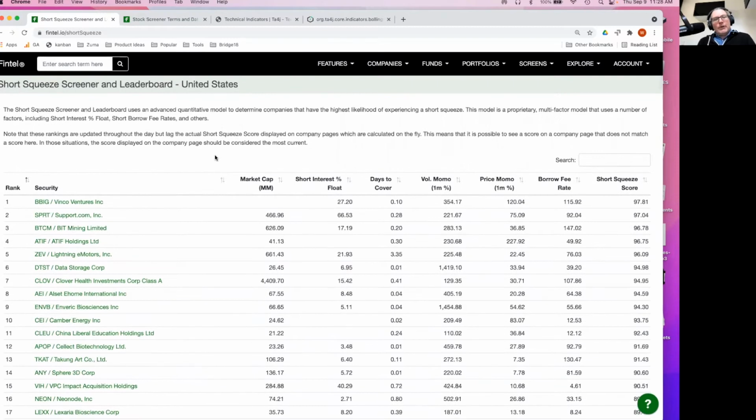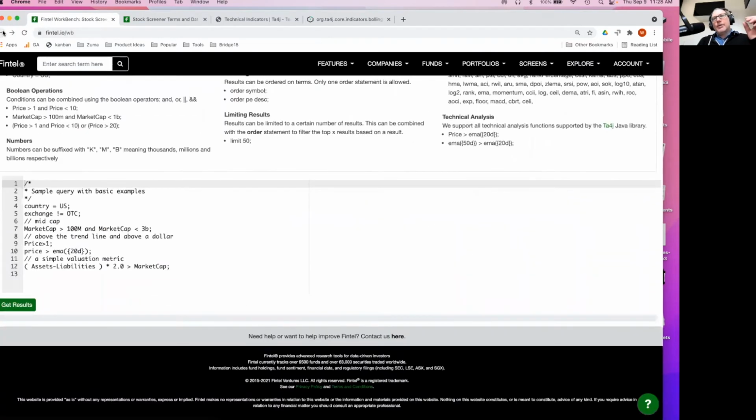We spent a lot of time on this. The best way I can tell you to find out about short squeezes is to go to this short squeeze screener and leaderboard. And when an uptrend from a short squeeze has been exhausted, there's no way to tell that really. You're trying to predict the future here, and it's not easy to tell when a company is going to stop going up and start going down.